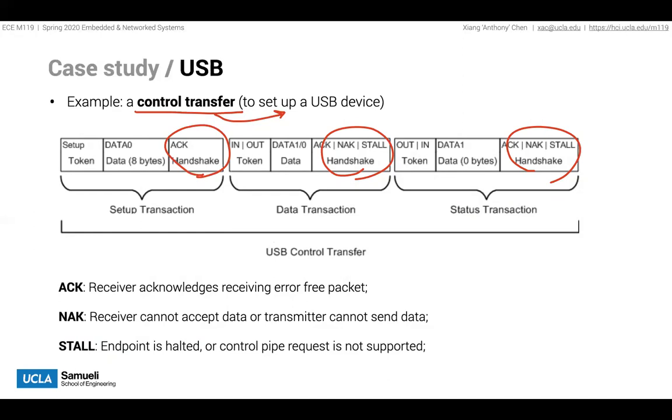So it can come from either the receiver or the transmitter. And STALL means the endpoint is halted. It could be the receiver is busy receiving data from elsewhere, or busy processing the data that it has, with no capability of receiving new data.